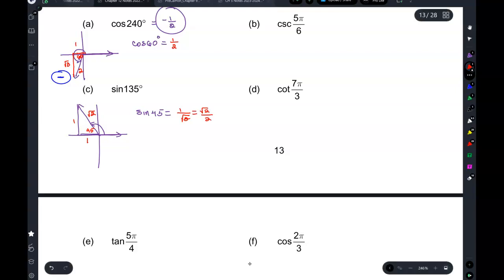In this quadrant, is sine positive or negative? Positive. So all students take calculus, right? All students take calculus. So sine is positive here. So this is going to be positive root 2 over 2.